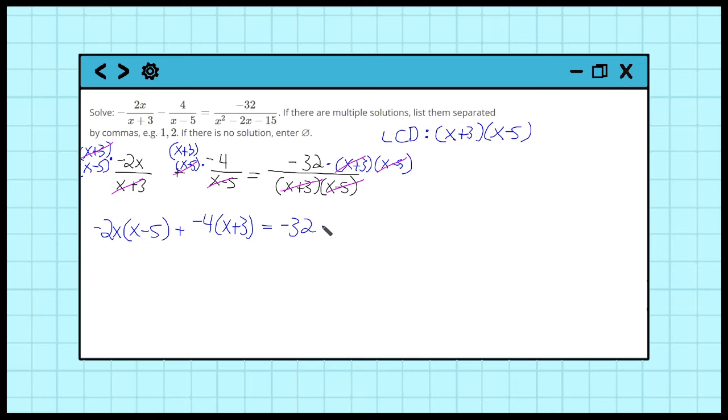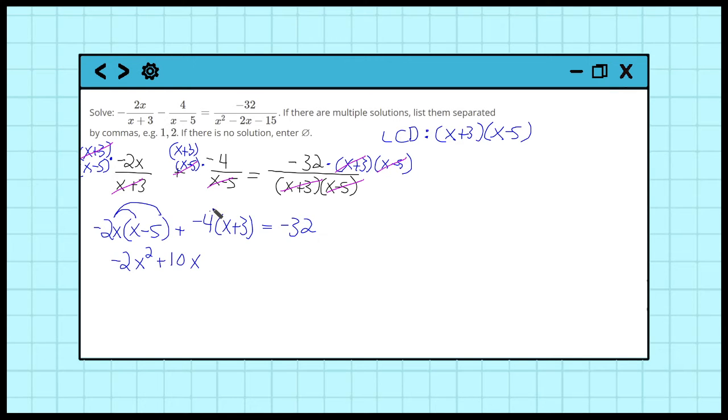Now, we're really close to being in a super useful format. We're not quite there, but we're almost there because we still need to distribute and combine like terms in order to figure out how we are solving this. So I'm going to start by distributing my negative 2x: negative 2x squared plus 10x.